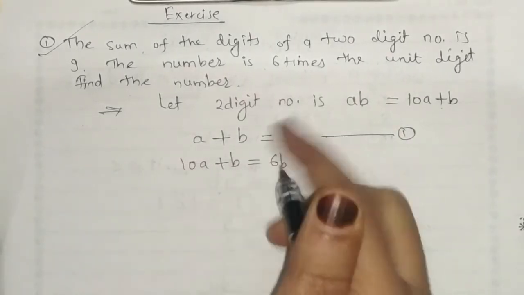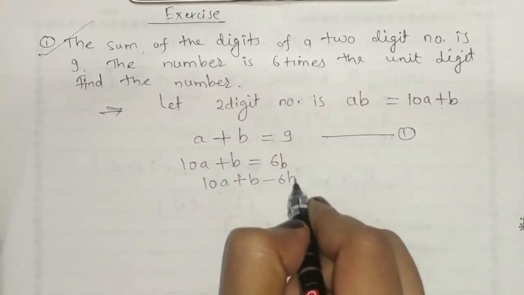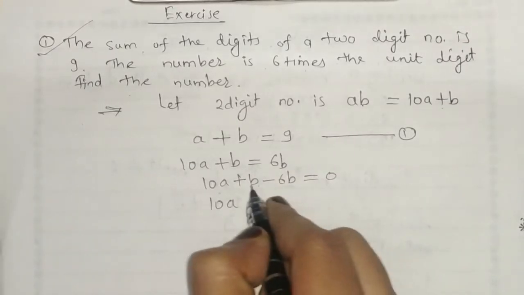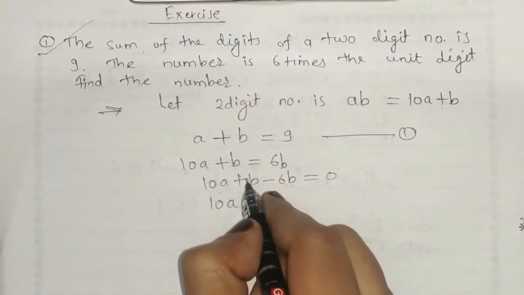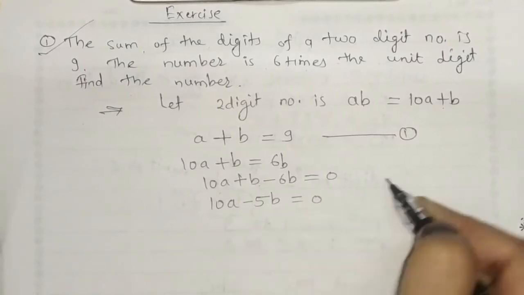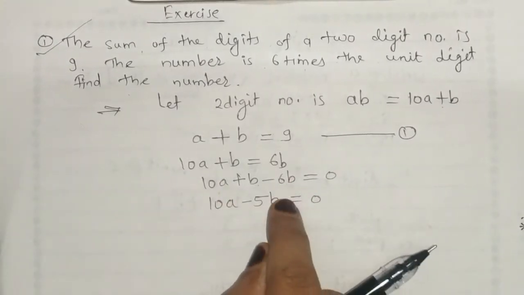We'll solve this equation. 10A plus B, this minus 6B brought here, is equal to 0. Here we subtract like terms. Here the coefficient is 1, minus 6, so we'll get A minus 5B is equal to 0. Now we'll simplify this equation.